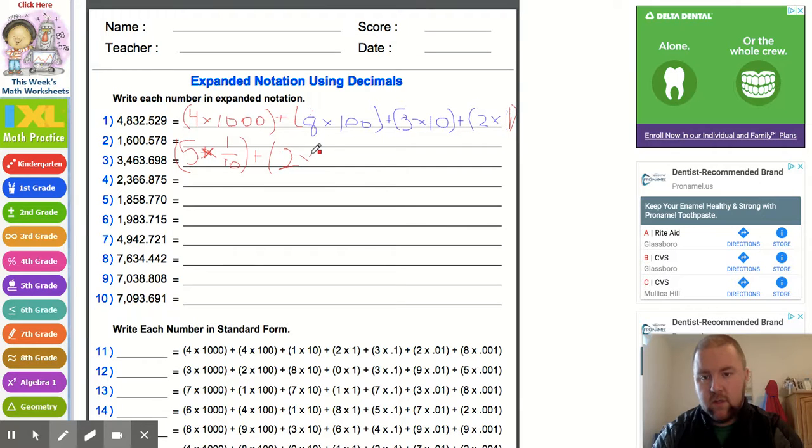The 2 is in the hundredths place, so I'm going to put 1/100. Then parenthesis, and the last digit we have is an 8. The 8 is in the thousandths place, so I'm going to do 8 over 1,000.